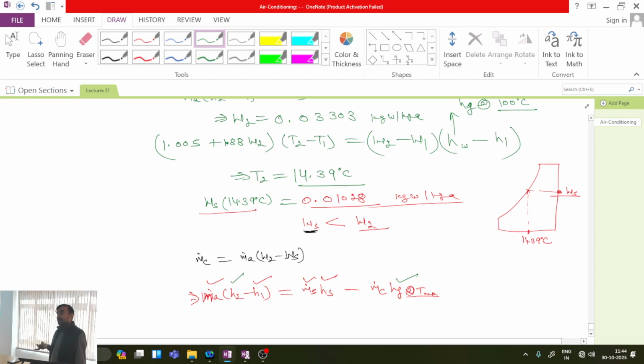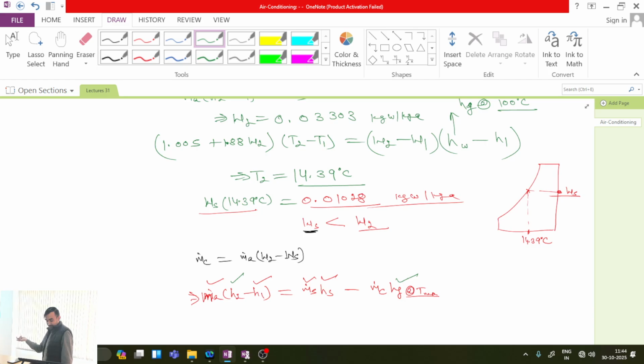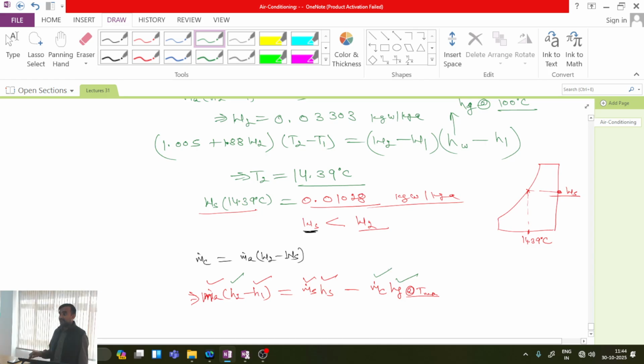HF is unknown because HF corresponds to the final state temperature, which is not known. And m dot C is the mass of condensate, which must be equal to m dot A into W2 minus WSF. And WSF is again a function of temperature.